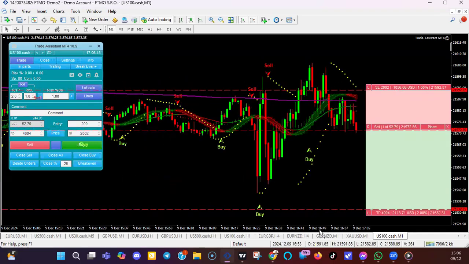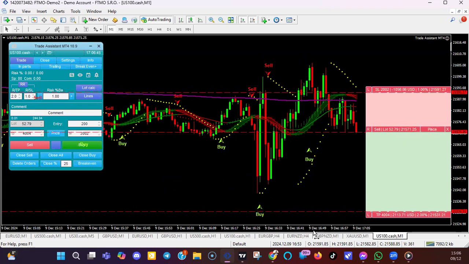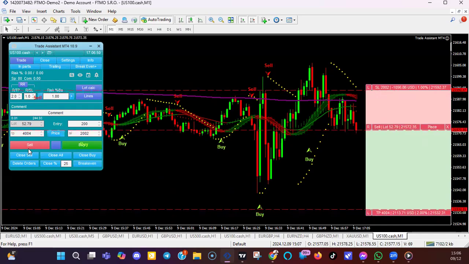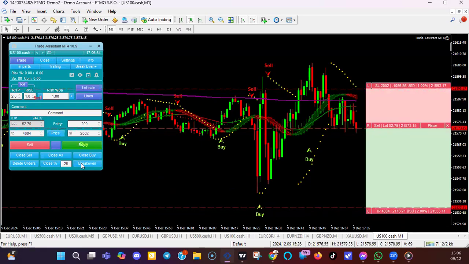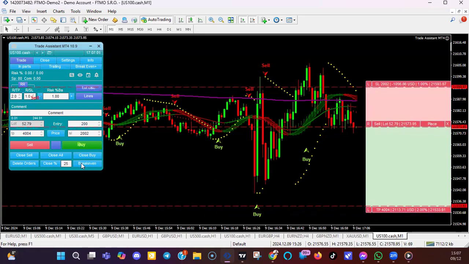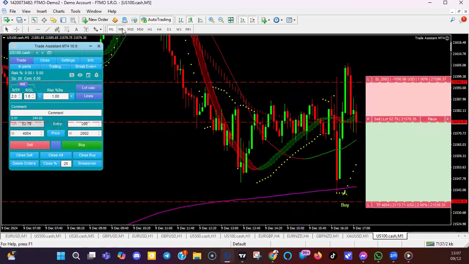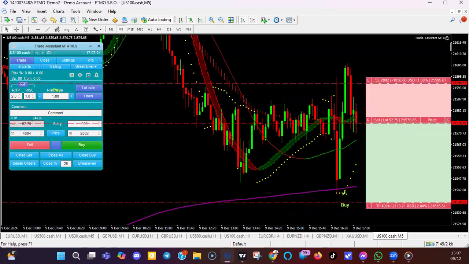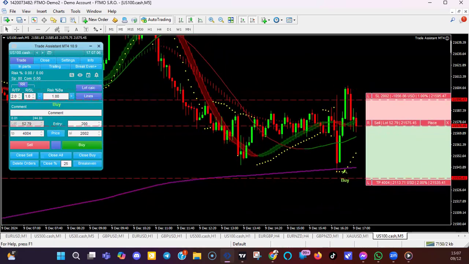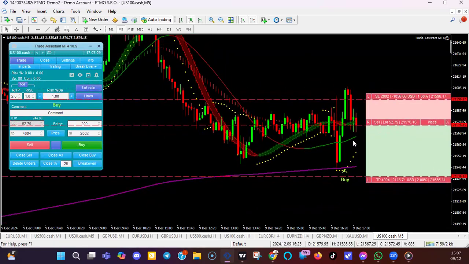Yeah, so I'm going to stick with this. I mean, if I miss the trade on the EUR USD, so be it. Quick look on a 5 minute. Very much a buy.